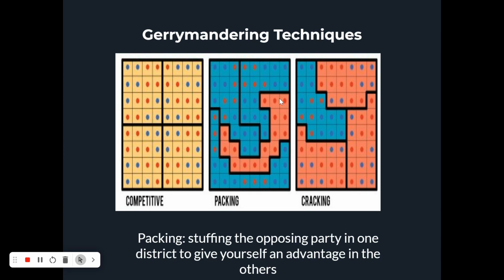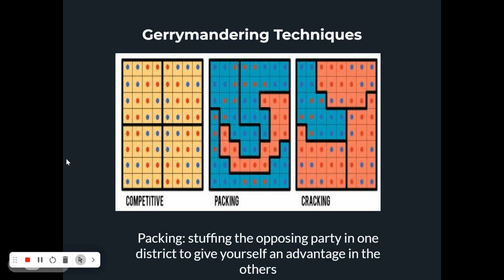But by doing that, you're essentially creating a situation in which the blue dots will then have the advantage in all the other districts. The red dots and the blue dots are supposed to represent the individual political parties. So when a state legislature engages in packing, you'll put as many of your opponents in one district as possible. You'll happily give them the advantage in that district, but then your political party will have the advantage in the others, hopefully electing more representatives from your party throughout the entire state than the other.